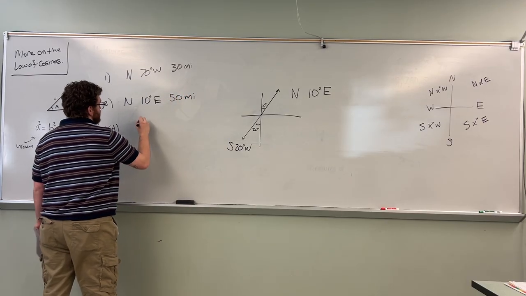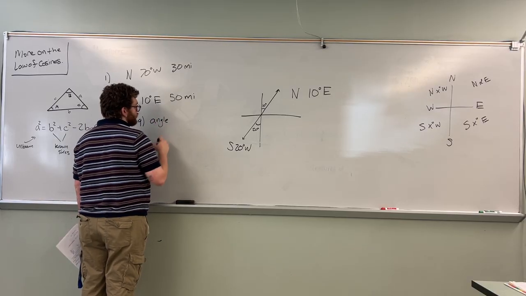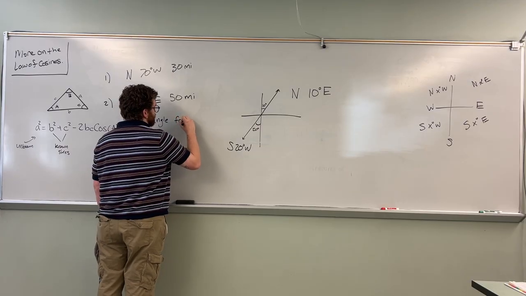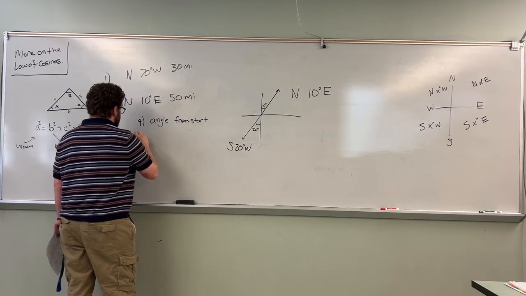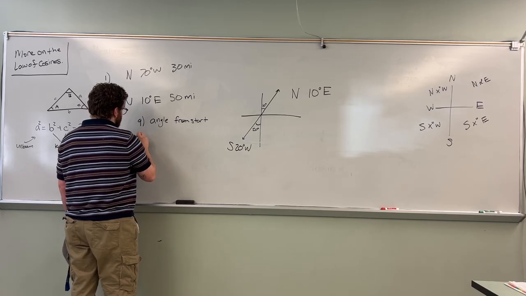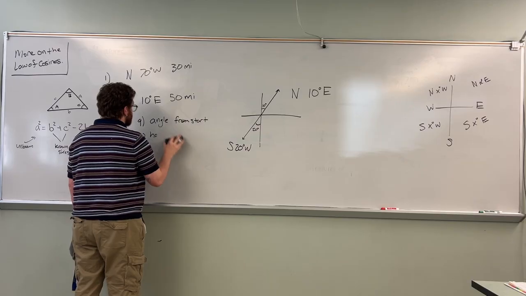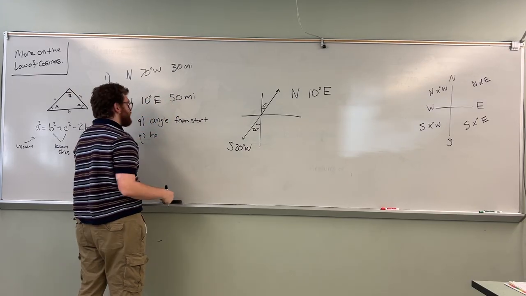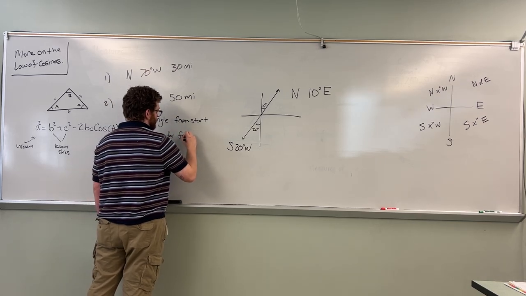And so the questions are, what is my angle relative to where I started? Angle from start. And another question is, how far am I from the start? And it's not just 30 plus 50 because it's a triangle, so it's going to be less than that. How far from start?